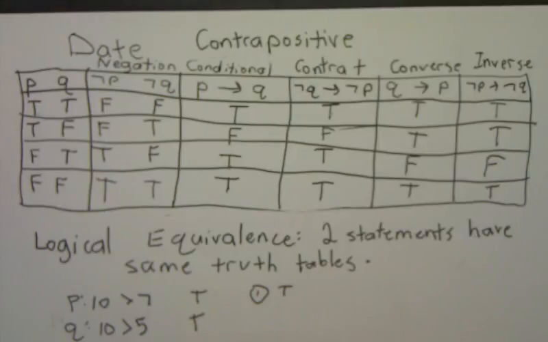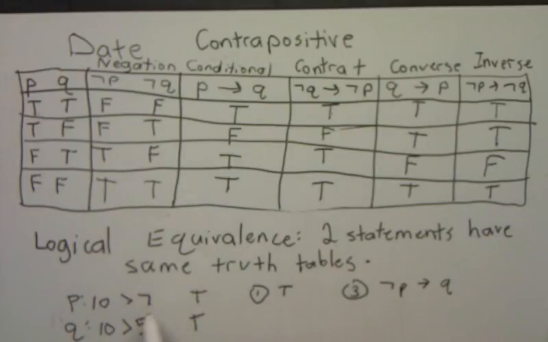Let's look at number 3. Number 3, I have the same problem, but I want you to come up with: if not P, then Q. Let's see how we did.